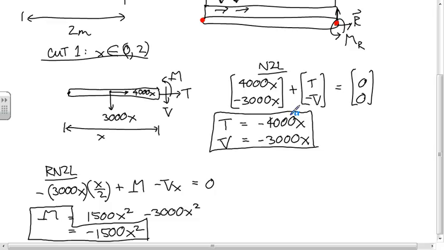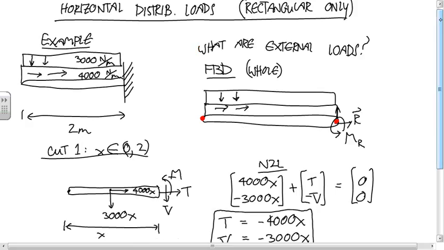So now I started out with a simple problem with horizontal distributed loads where I just gave you the distributed loads. Now I'm going to do a simple problem, but instead of starting with this coming out of the blue, we're going to develop where that horizontal distributed load comes from. So think about this problem.